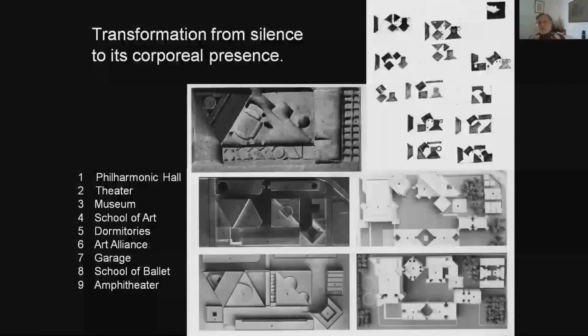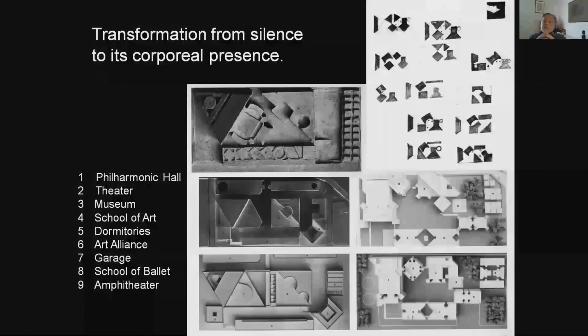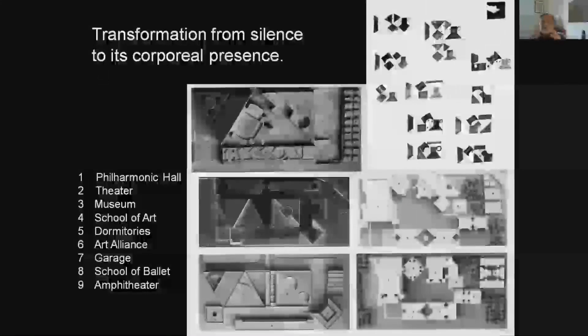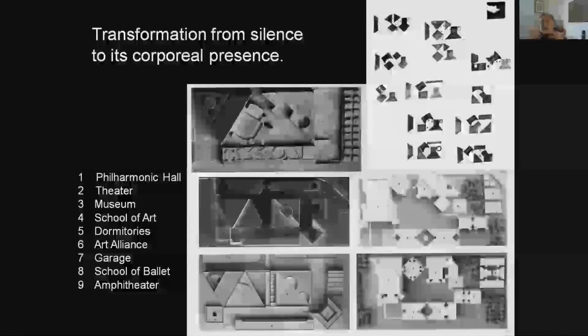A musician would do it through musical notes. Here he is looking at what it is that this project, this center, needs or wants to be, what it is inside it that tells him, this is what I want you to give me a form.